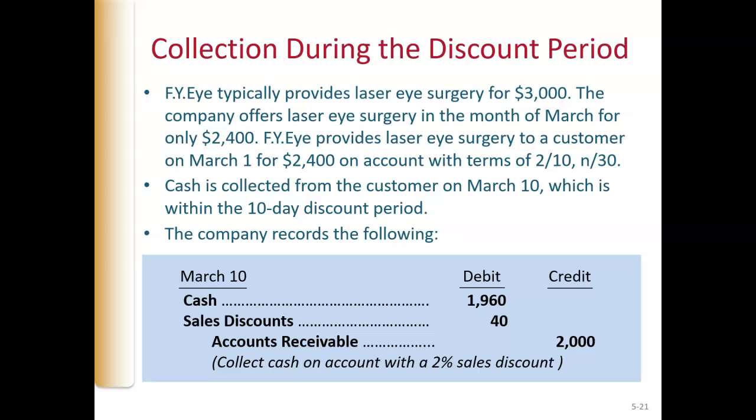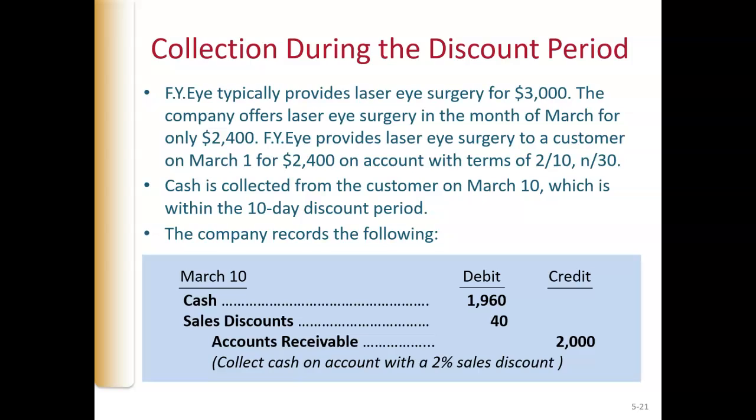that she owes. If she pays her bill within 10 days of March 1st, she gets a 2% discount. She paid her bill on March 10th, so she gets a 2% discount on $2,000, which is $40. Do you see how we record it?